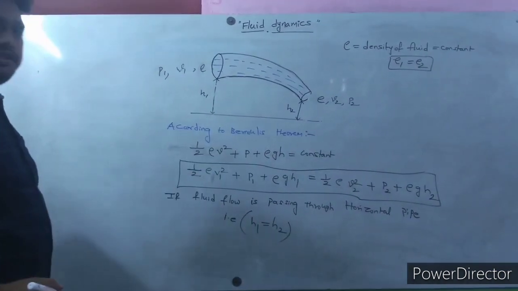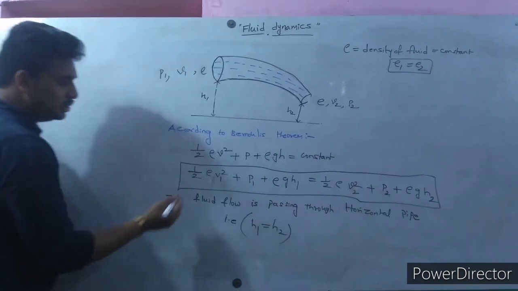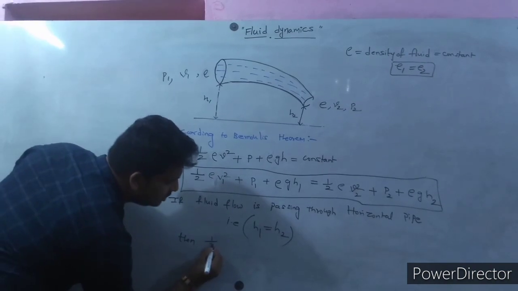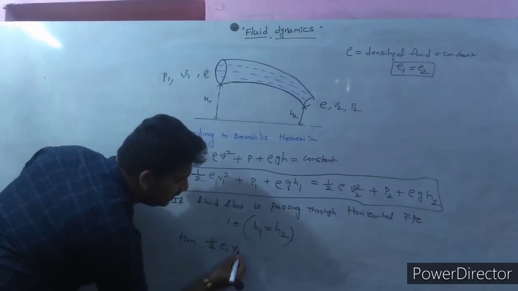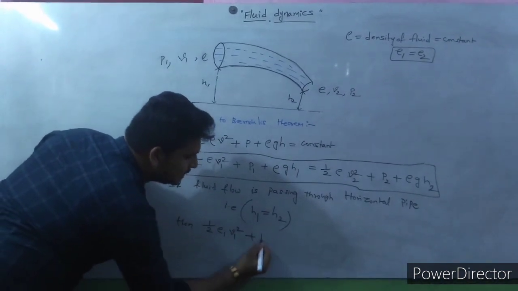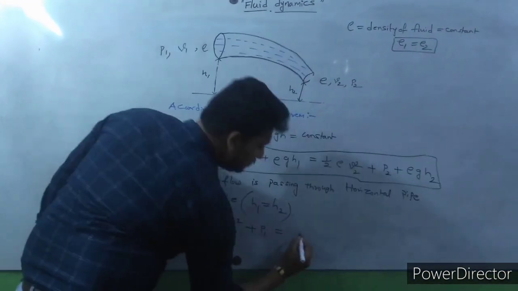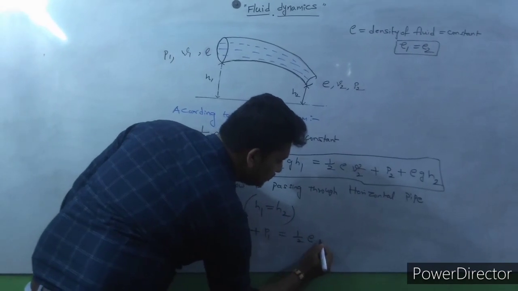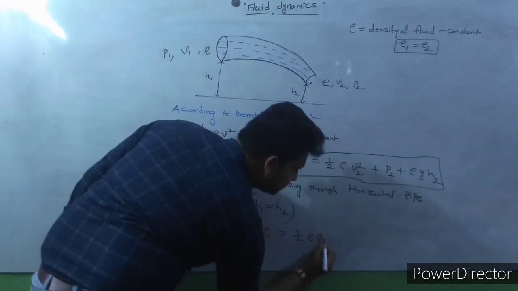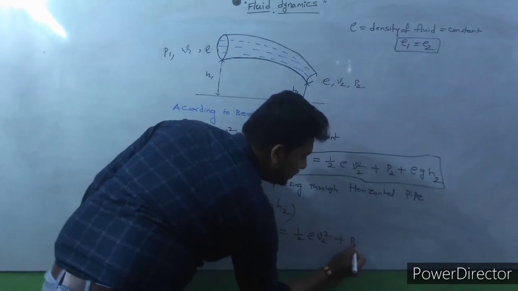So in this situation it changes to half rho V1 square plus P1 is equal to half rho V2 square plus P2.